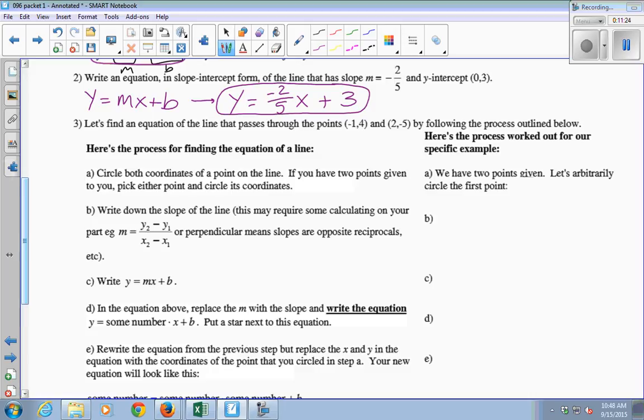Now I'm going to try to find the equation of a line that passes through the points (-1, 4) and (2, -5). It can be helpful to have a visual.